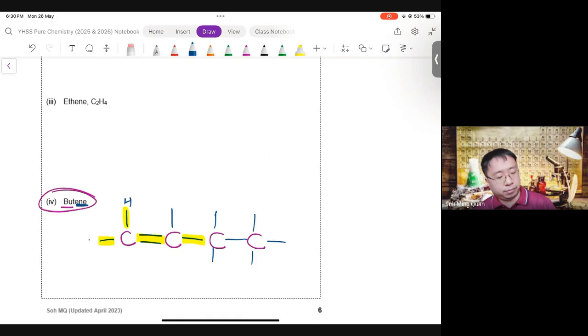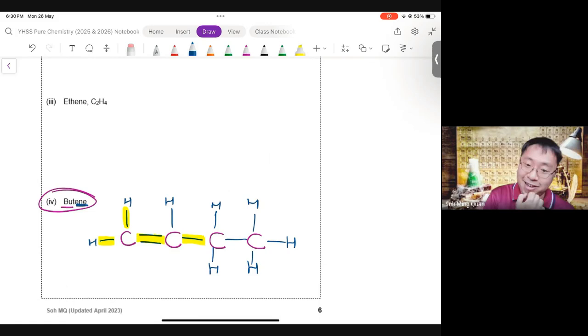Okay? So this is butene. Now, this is one way to draw butene. There is another way to draw this particular compound.